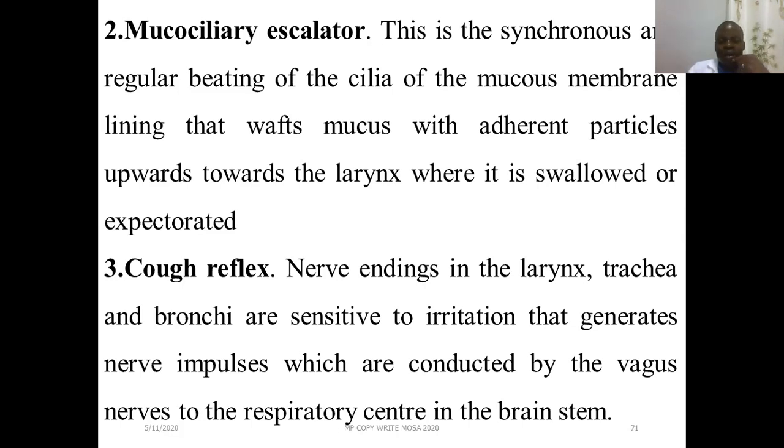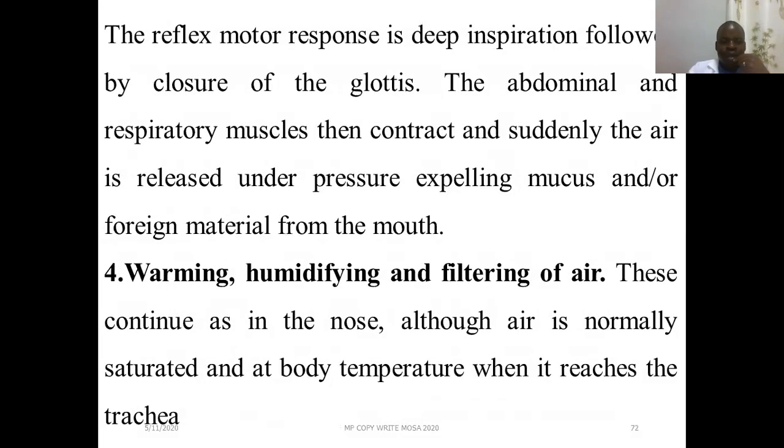of the lungs. Also, cough reflex: nerve endings in the larynx, trachea, and bronchi are sensitive to irritation that generates nerve impulses, which are conducted by the vagus nerve to the respiratory center in the brain stem. So we are saying it also functions for cough reflex. Apart from cough reflex, also warming, humidifying, and filtering of air.